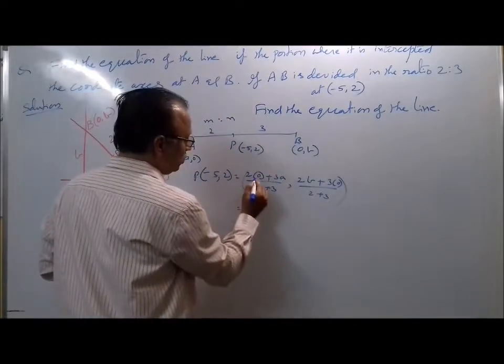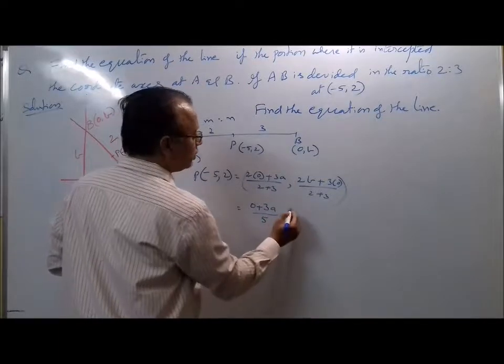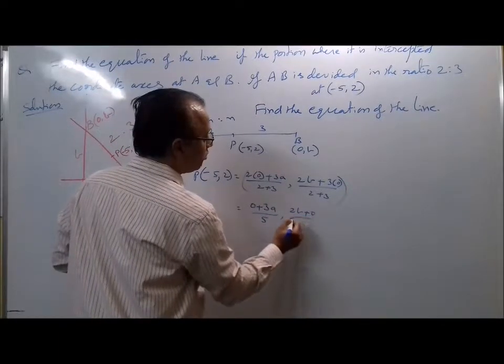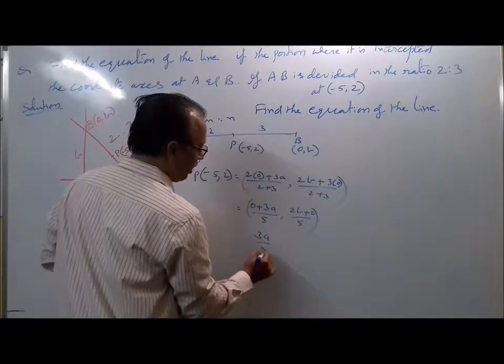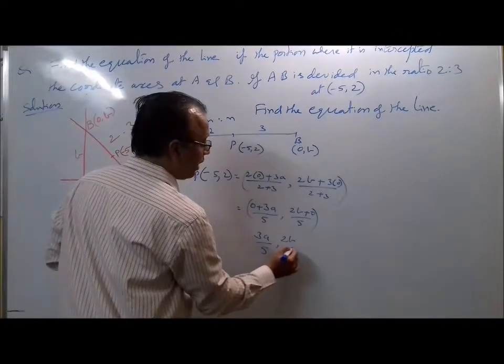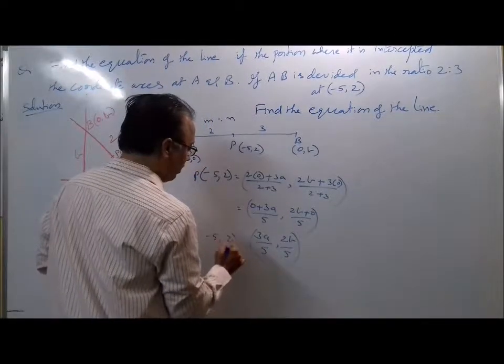That is 0 plus 3a by 5, 2b plus 0 by 5. That is 3a by 5, 2b by 5. This is minus 5, 2.